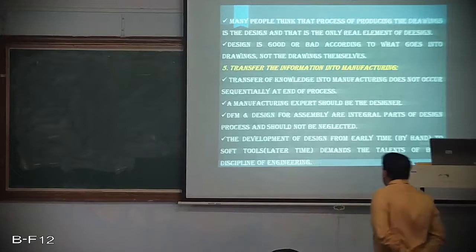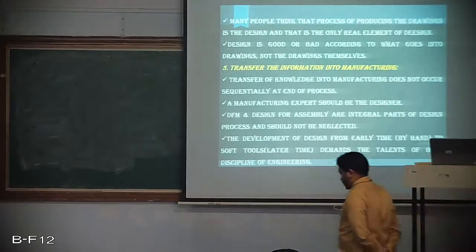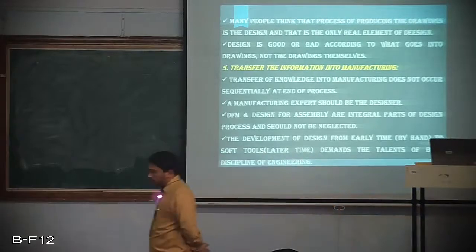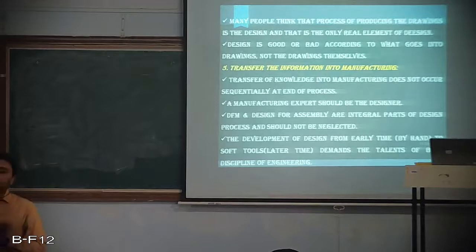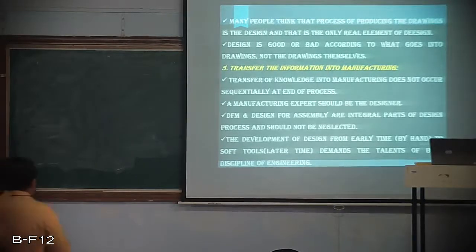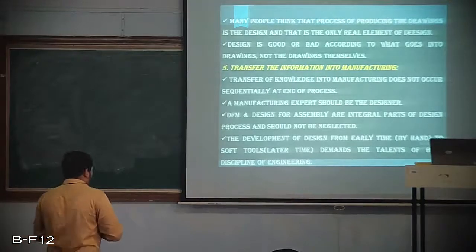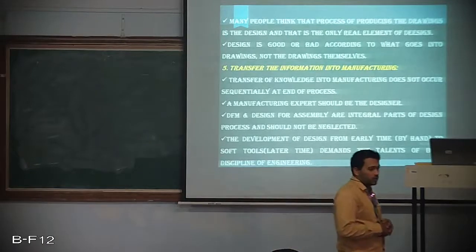For that, transfer of knowledge into manufacturing does not occur sequentially at the end of the process. If we take the example of concurrent engineering and sequential engineering, in sequential engineering the information is transferred from one department to another sequentially.